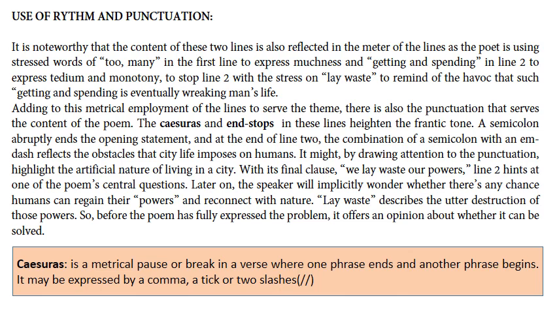He uses a combination between a semicolon and an underscore, which is called an em dash. This combination of the em dash and the semicolon reflects the obstacles that city life imposes on humans. The writer wants, by drawing attention to punctuation, to highlight the artificial nature of living in a city.